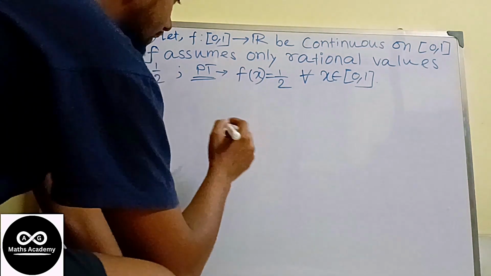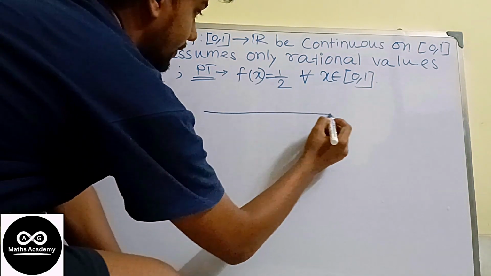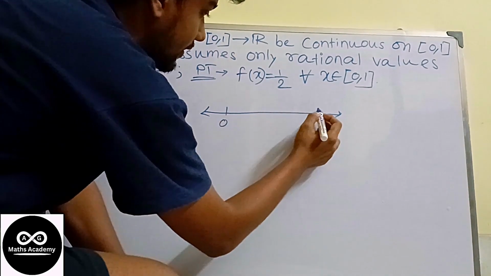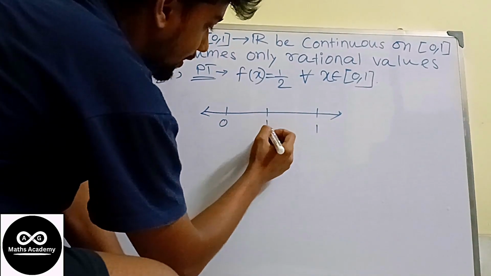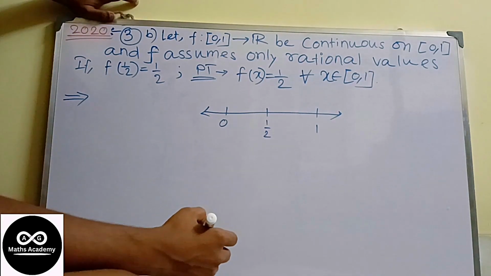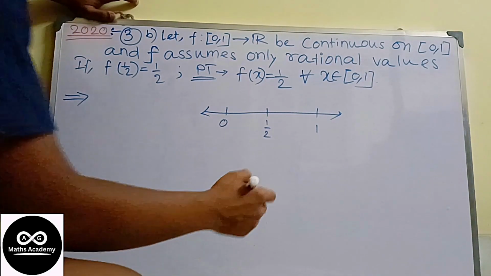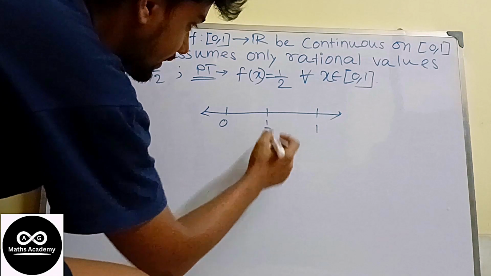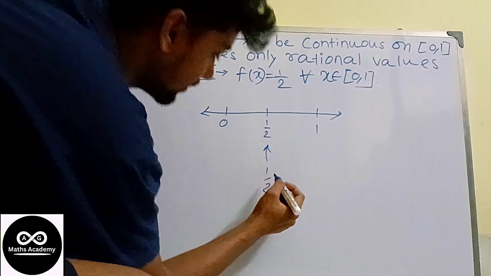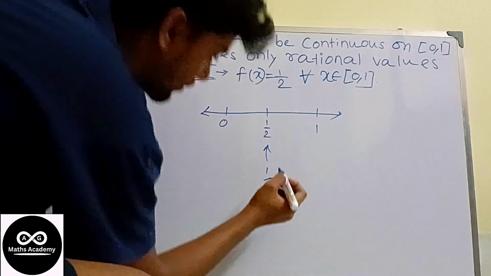Let's say this is 0, this is 1, and this is half. f of half is half, so it is 1 by 2 here.